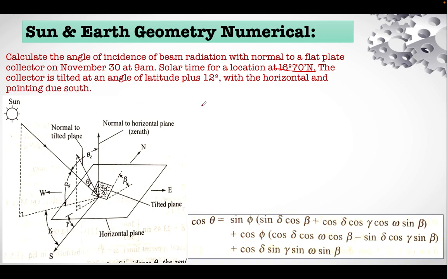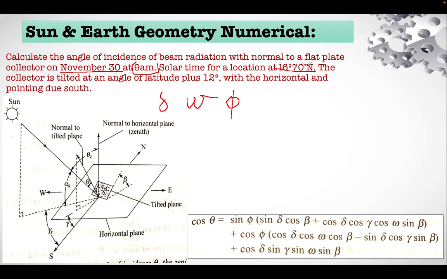pointing to the south. Again, just gather the given information. From the date November 30, you can calculate delta, the declination. From 9 a.m. you can calculate omega, the hour angle. Then the latitude is directly given, so the phi value is 16 degree 70 minutes.